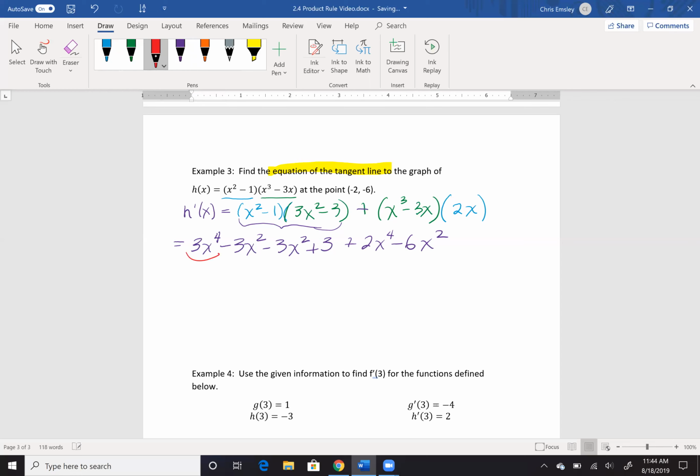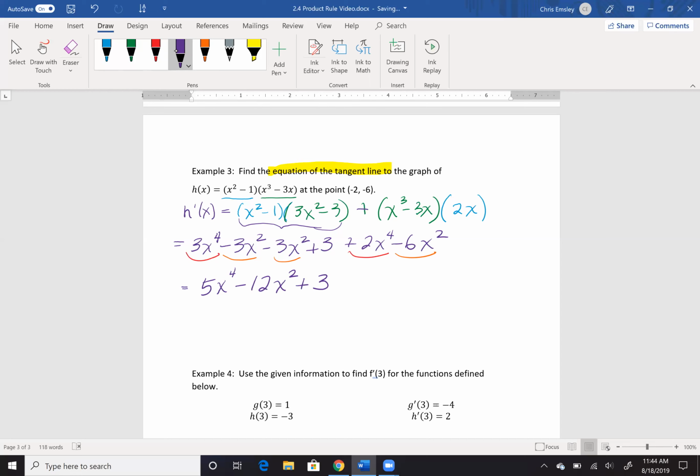Here's x to the 4th, there's x to the 4th, so we end up with 5x to the 4th. Nothing cubed. Here we go, x squared, x squared, and x squared. So -3 minus 3 minus 6 leaves us with -12x squared, and then we just have that plus 3.